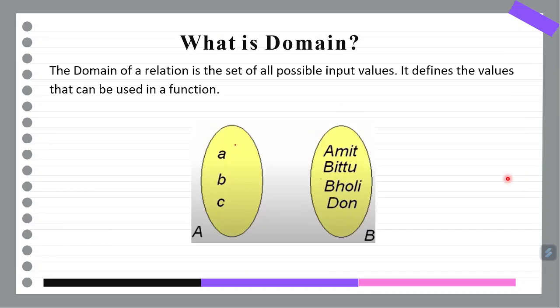So domain is group A, the input values a, b and c. In the relation we include a and b, and c is excluded. So here the domain is a and b.